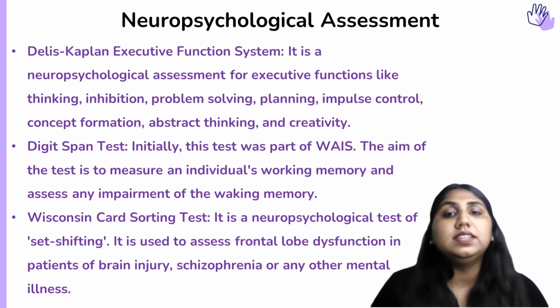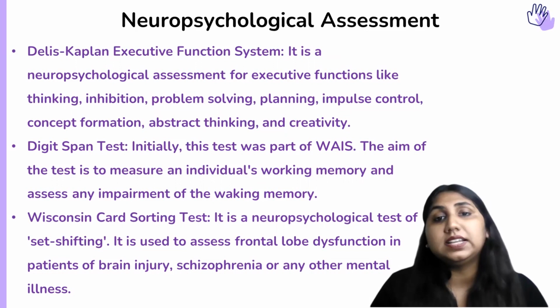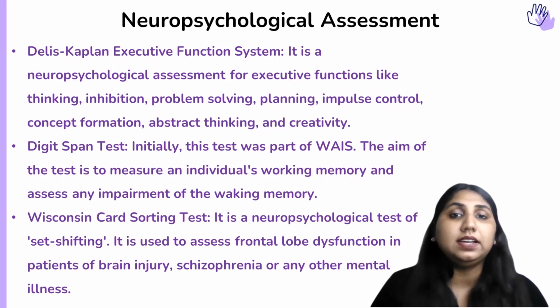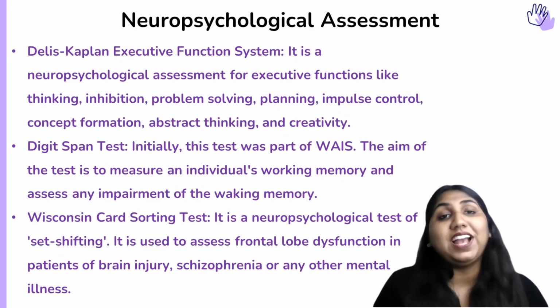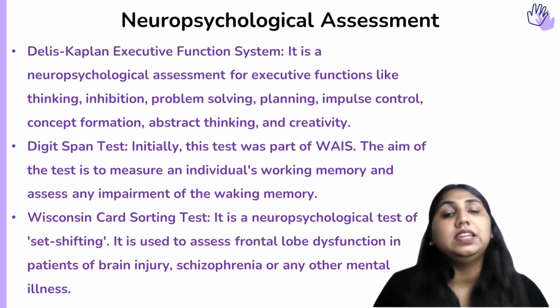Okay, so this is often administered individually or in a group, and it is a standardized measure to assess these executive functions in children to adults, 8 to 89 years of age. You might be thinking, why such a broad age range? Because executive functions deteriorate with age. Okay, so there will be a peak of these executive functions, but after a point of time, they start to decline with cognitive decline.